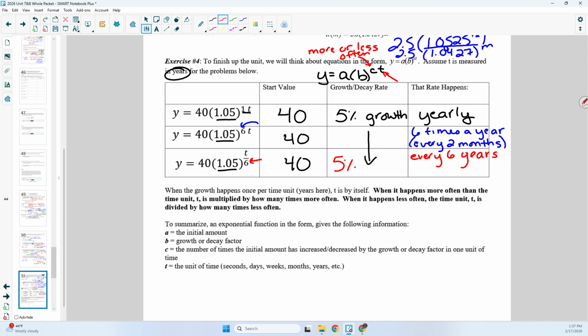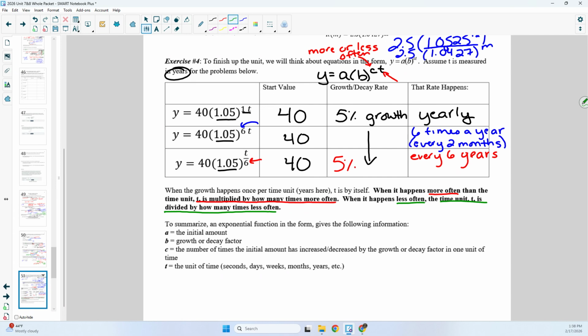So to summarize: when the growth happens once per time unit, years here, t is by itself, like the first one. When it happens more often than the time unit, t is multiplied by how many times more often. When it happens less often, t is divided by how many times less often. So if something takes 6 years, that's happening 6 times less often. It would take a whole 6 years to do it.